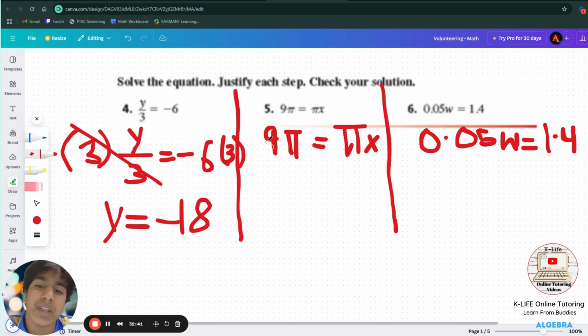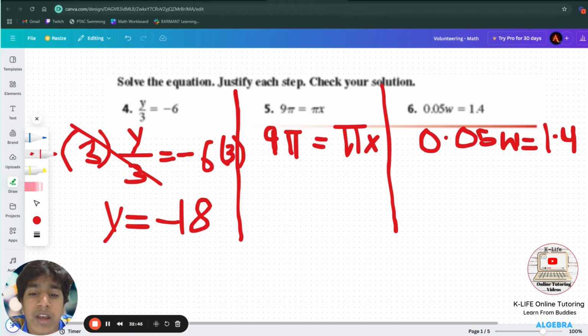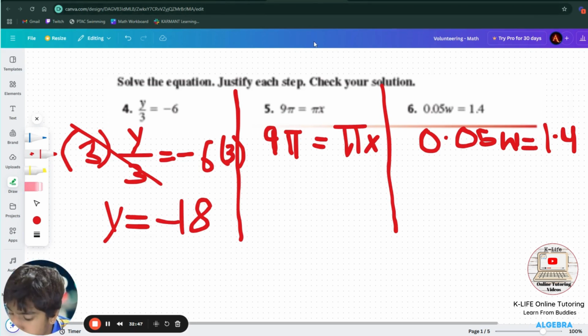Number 5, or number 2 technically, we have x as a variable, and you have 9 pi equals pi x. So in this case, you're going to divide by pi.